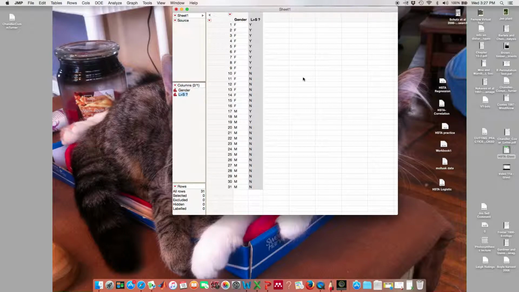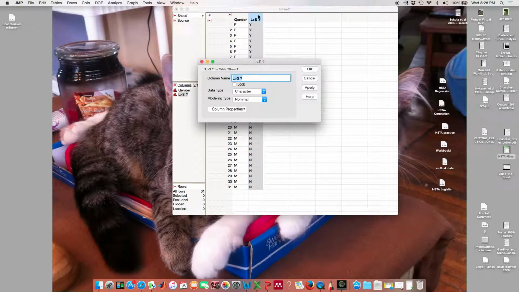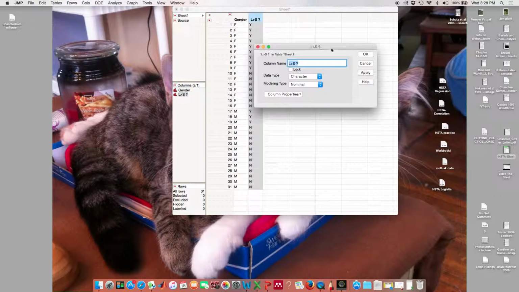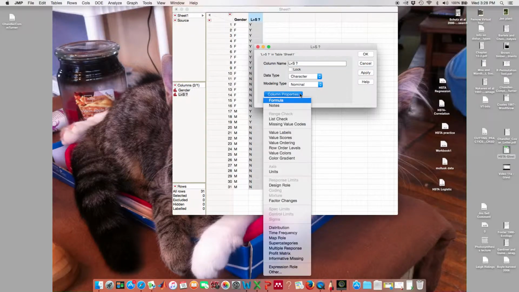All right, next let's go ahead and click on the column header for L greater than S, and that's again for our nominal dependent variable, because I'm interested in seeing if being a better long distance runner depends on gender.